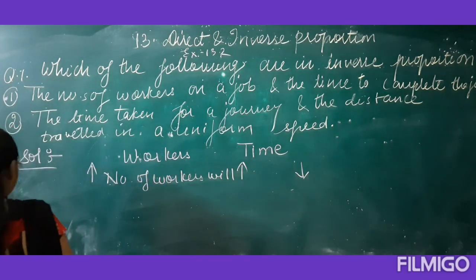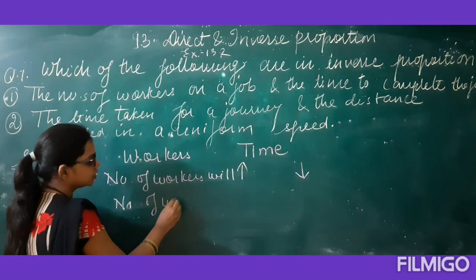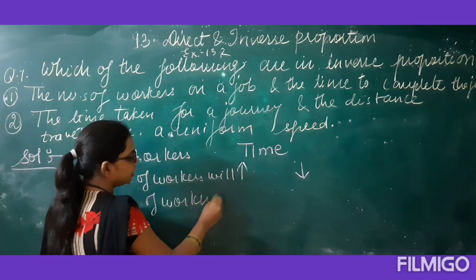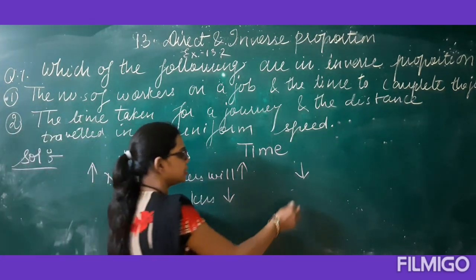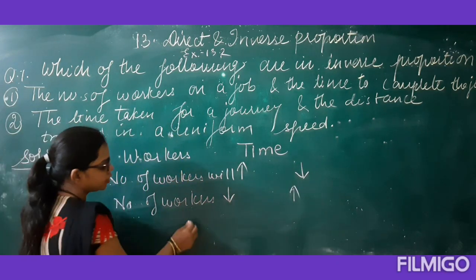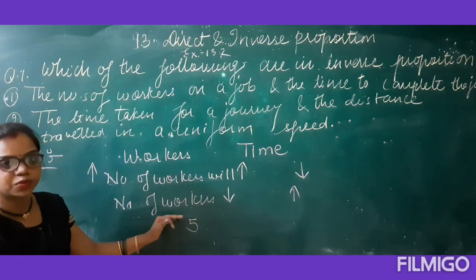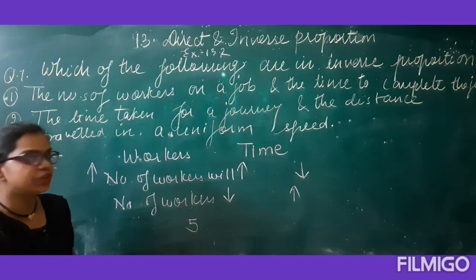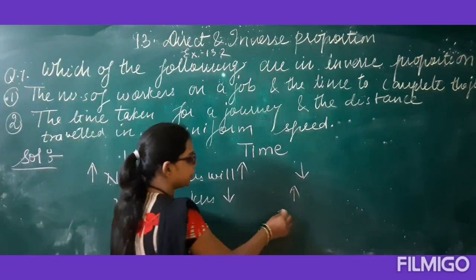If I decrease the number of workers, what happens? The time will increase. Yes or no? Suppose I take 5 workers. These 5 workers will take much more time to complete the particular job, so it may take 3 hours to complete.